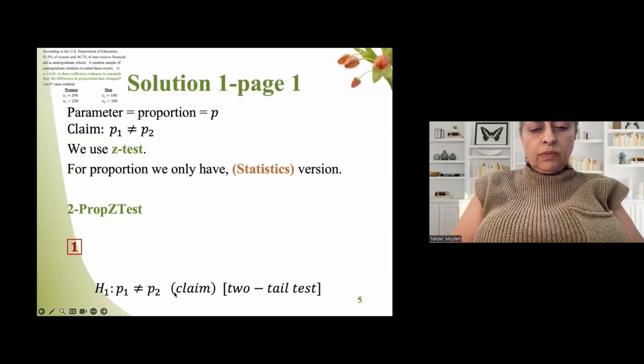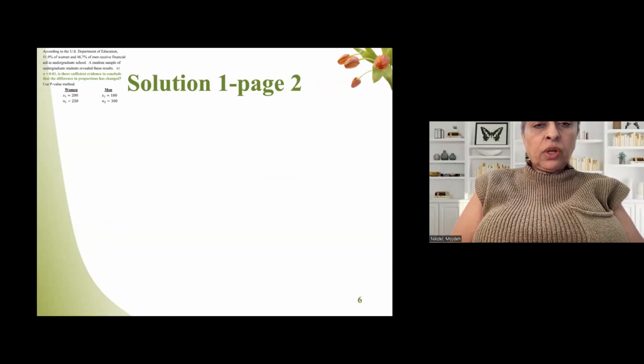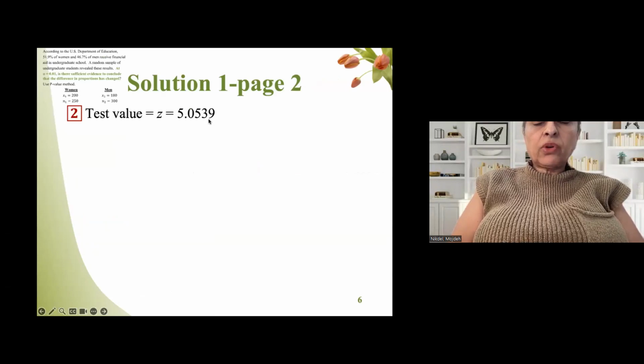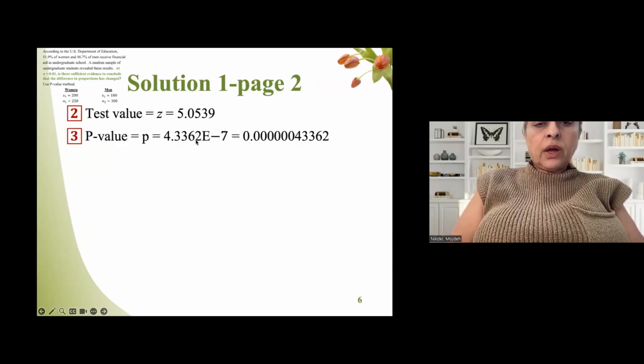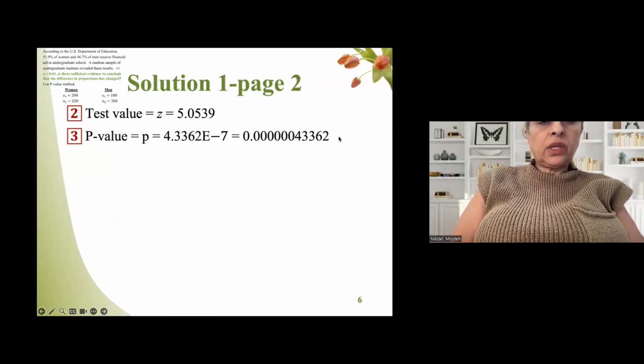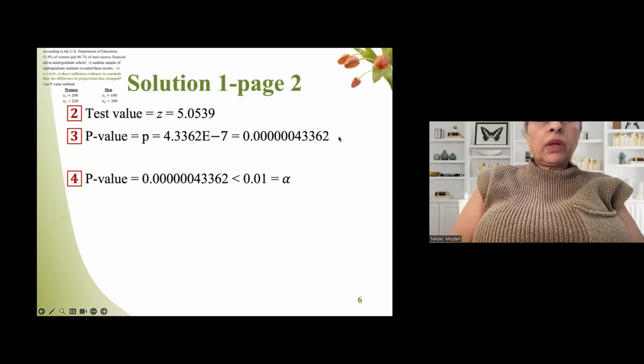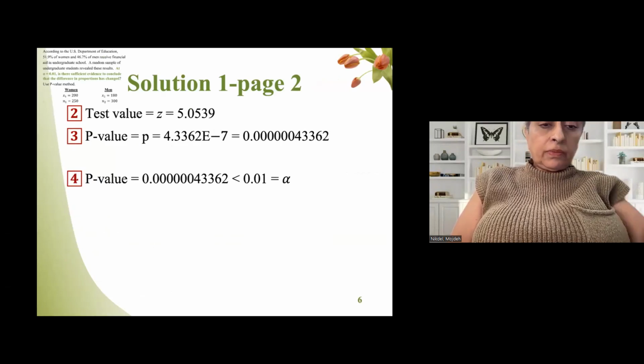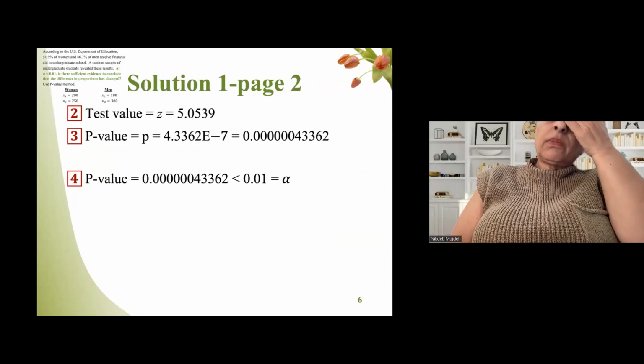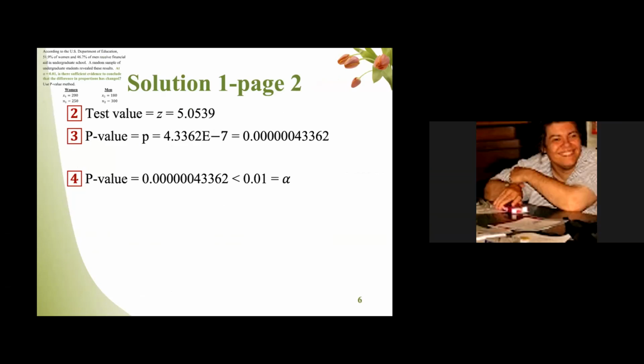Claim H1, two-tail test, H0: P1 equal to P2. Then I go to the test value. I copy this number from the calculator I just showed you. For the p-value, I move my decimal point 7 places to the left. To decide to reject or not reject the null, I compare my p-value with alpha.